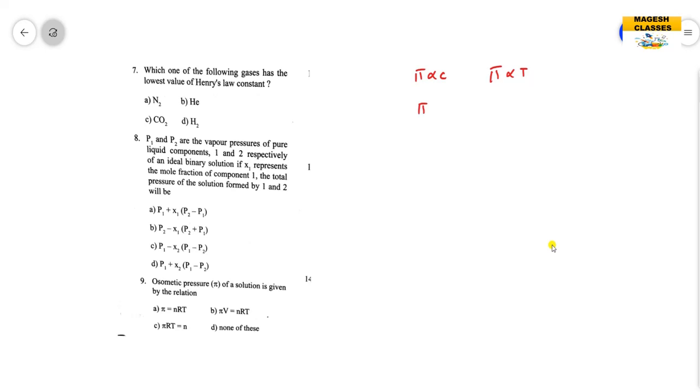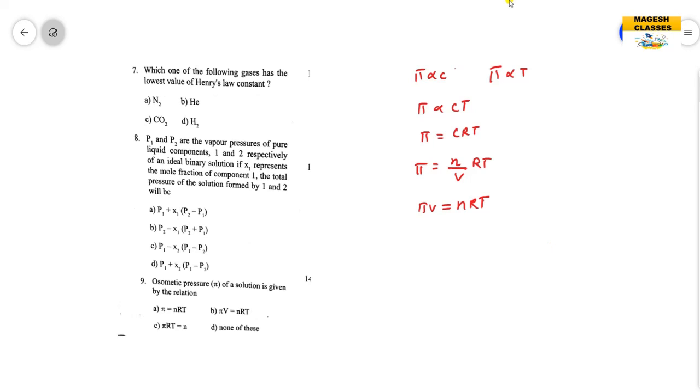So the osmotic pressure is directly proportional to concentration and temperature, and the gas constant R is introduced. The concentration is in molarity, so it is n by V into RT. Or pi into V is equal to nRT.